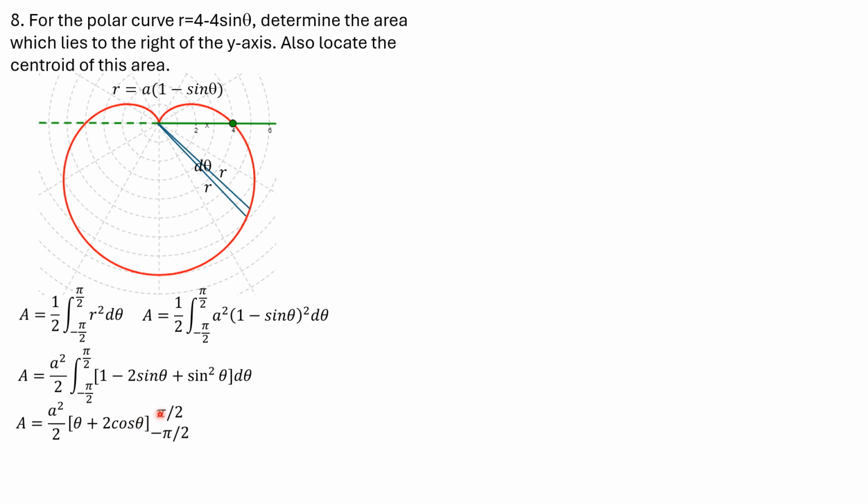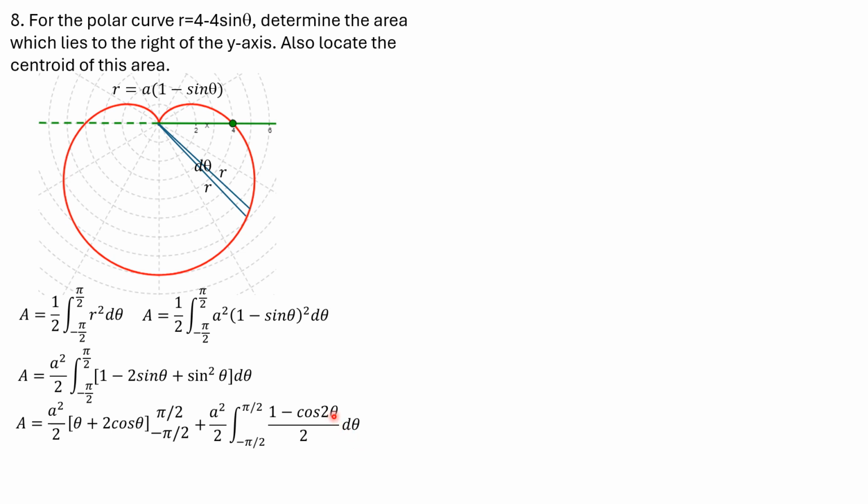It's 0 as long as it is odd and the integral is even, because cosine pi over 2 is 0 and cosine of negative pi over 2 is still 0, so that makes it 0. Then plus a squared over 2, then let's transform this into a squared over 2 integral of quantity 1 minus cosine 2 theta over 2 from negative pi over 2 to pi over 2 of d theta.